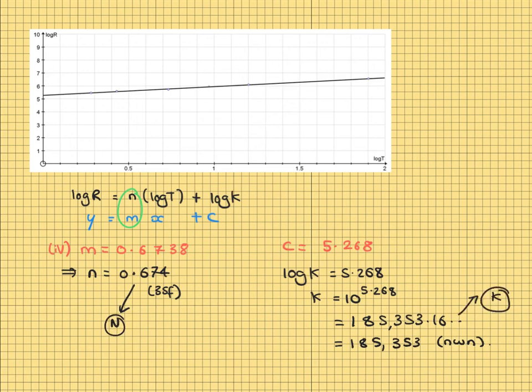Now this time in the answers, I note that they've given a value of 0.68 for n, which is very close to the value that we have, and their value for k is 180,000. And again, we have a very similar value. At the point at which you have these very large numbers, small differences in the value of the y-intercept will create large differences in the value of k. But we're going to go ahead using our values and see how we get on with those.